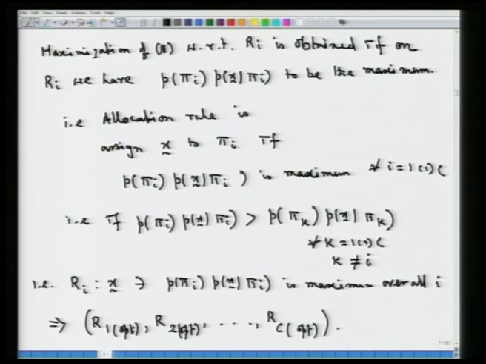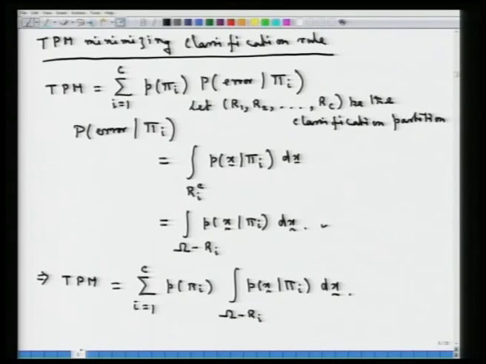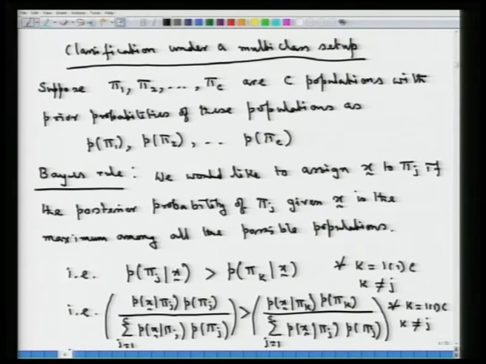Now, what we observe is the following, that when we have obtained this classification rule under the paradigm of the total probability of misclassification, and we had earlier looked at the rule which was the Bayes rule, which also was essentially the same. So, for a Bayes rule, what we had was this condition, this posterior probability to be greater than this posterior probability.